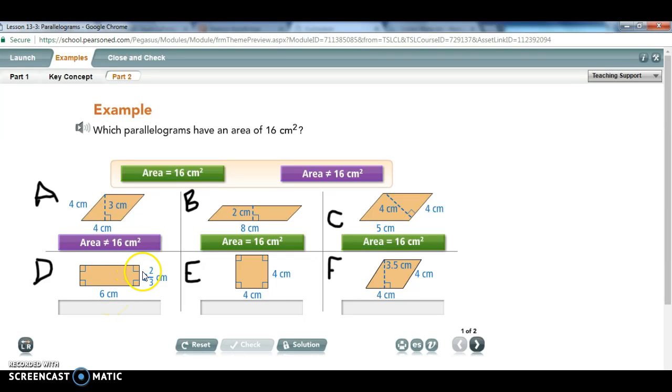My base times my height, so 6 times 2 2/3. I will write this one out for us. 6 times 2 2/3. The first step when multiplying fractions is to make this an improper fraction. 2 times 3 is 6 plus 2.